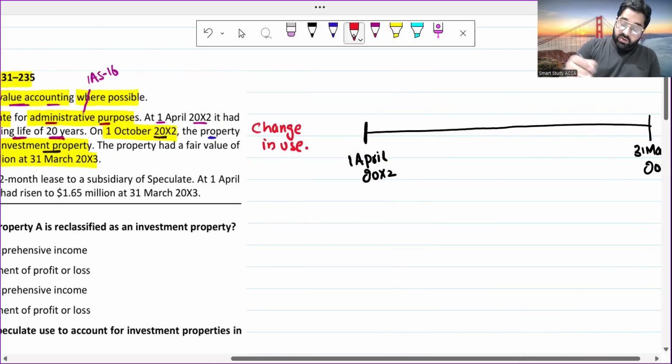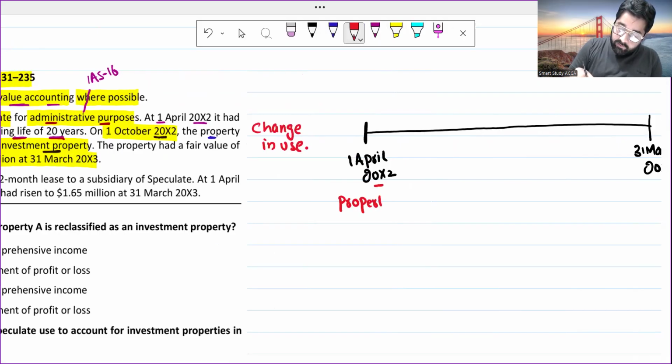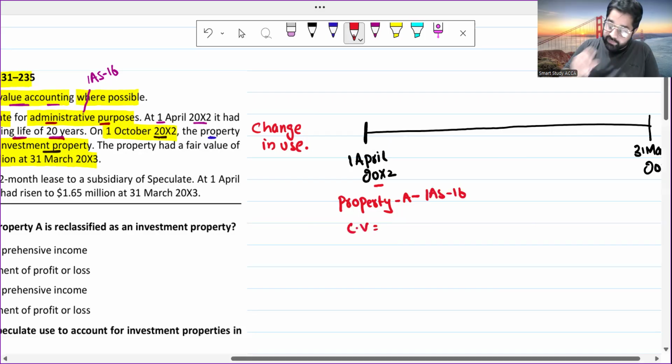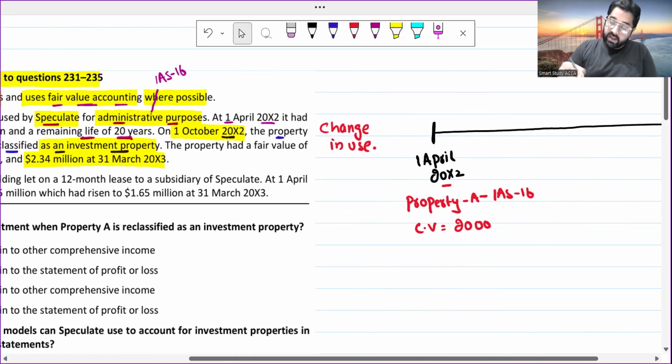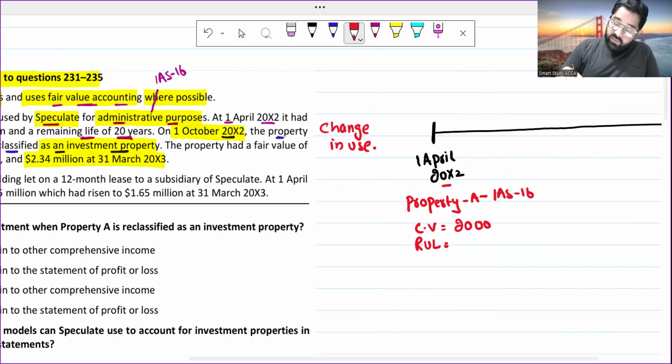On 1st April 20x2, property A was classified as an owner-occupied property, so we have to follow the rules of IAS 16 property, plant and equipment. At this time, the carrying value of this property is 2 million, so in terms of thousands it is 2000, and the remaining useful life (RUL) is 20 years.